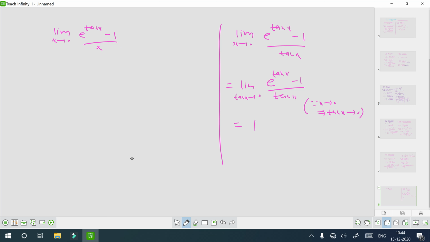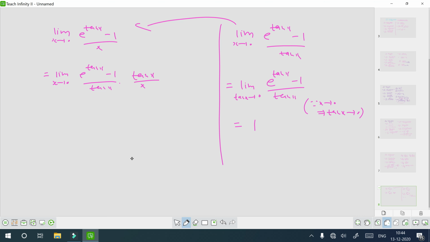One and the same thing. Now here a slight difference is there. So can I write here: limit x tends to 0, (e raised to 10x minus 1) over 10x into 10x over x. Yes.